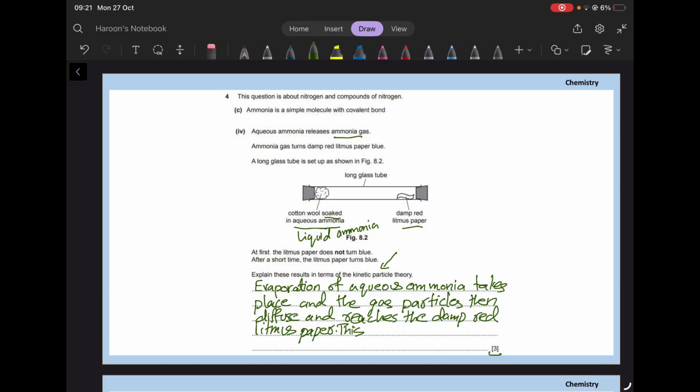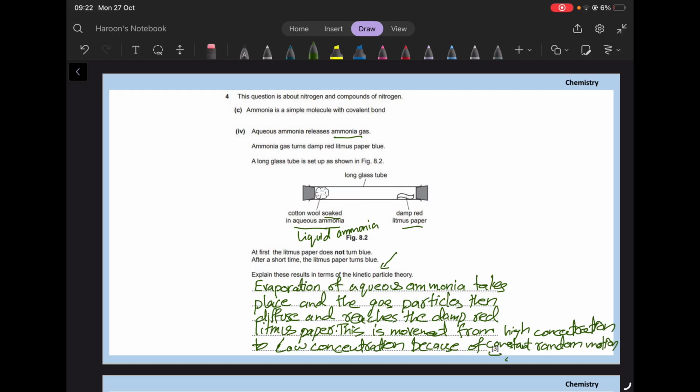This is movement from high concentration to low concentration because of constant random motion of particles.